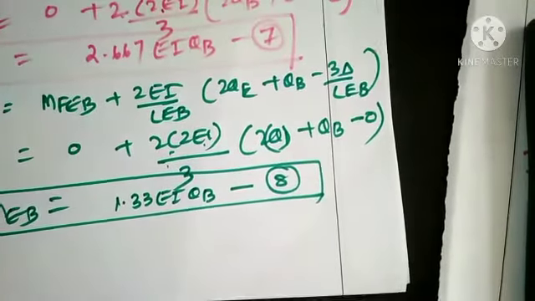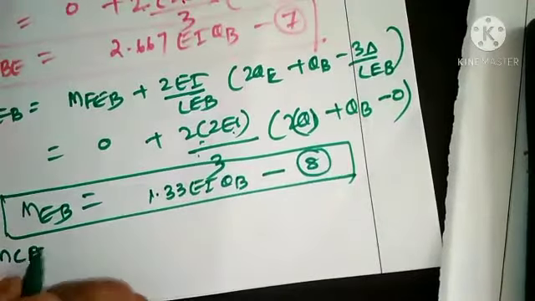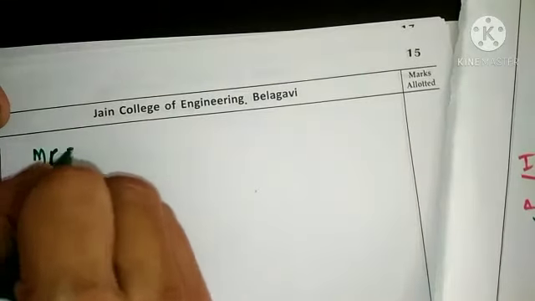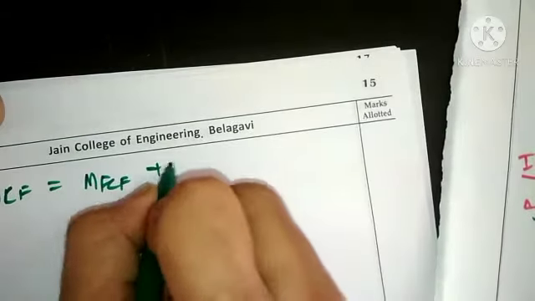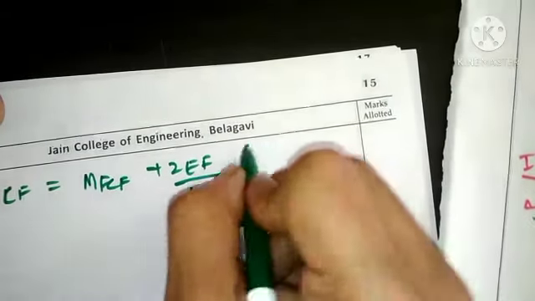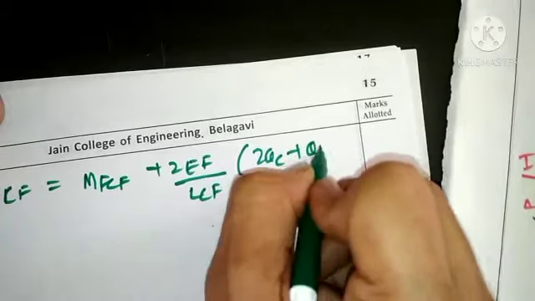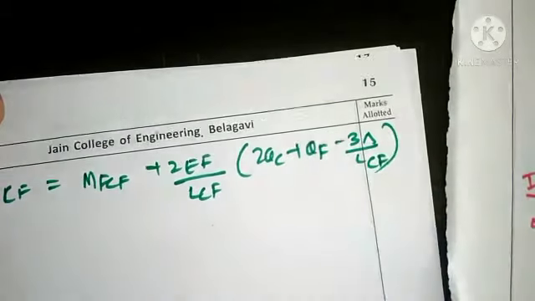Next is MCF. MCF will be MFCF, we shall note down in a new paper now, plus 2EI divided by LCF, 2 theta C plus theta F minus 3 delta divided by LCF.